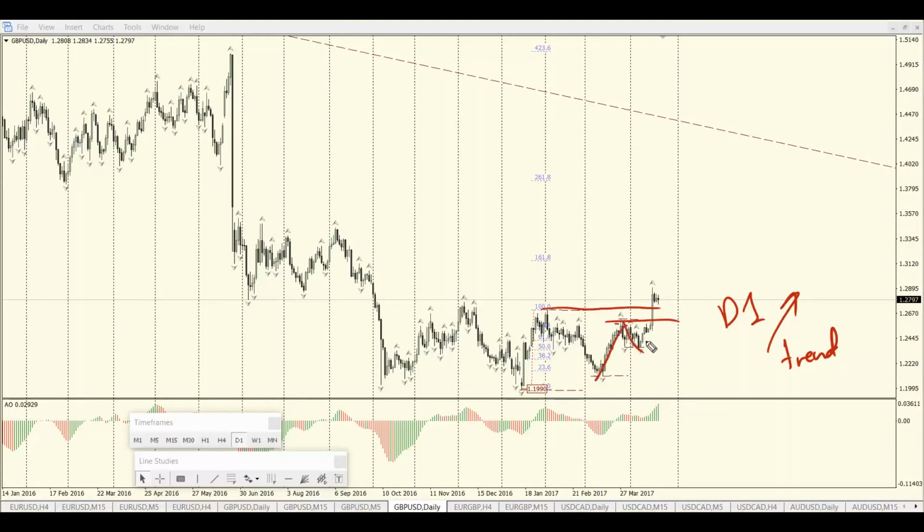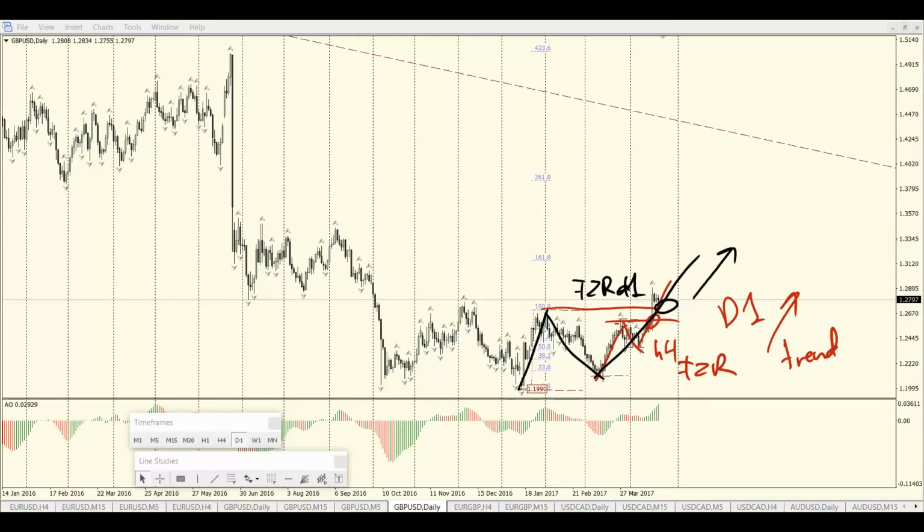This one is now an H4 FZR up, and this one here is an FZR of D1 level up. So now this pair is in both H4 and D1 levels in a trend phase up.